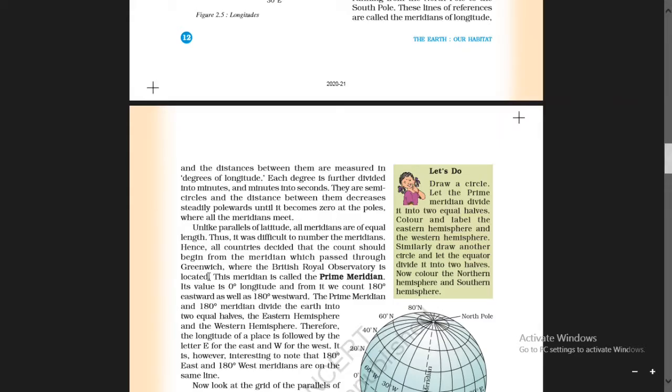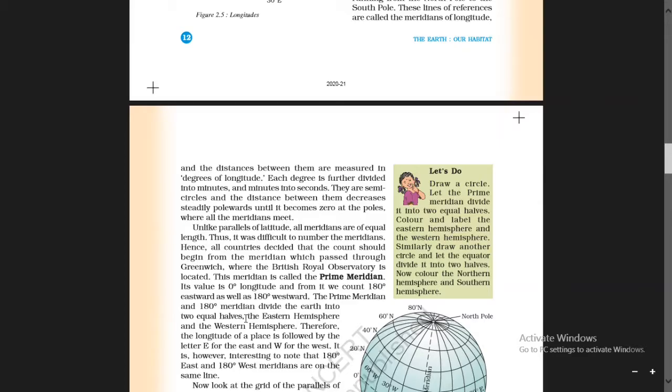The meridian is called the prime meridian. Its value is 0 degree longitude, and from it we count 180 degrees eastward as well as 180 degrees westward.